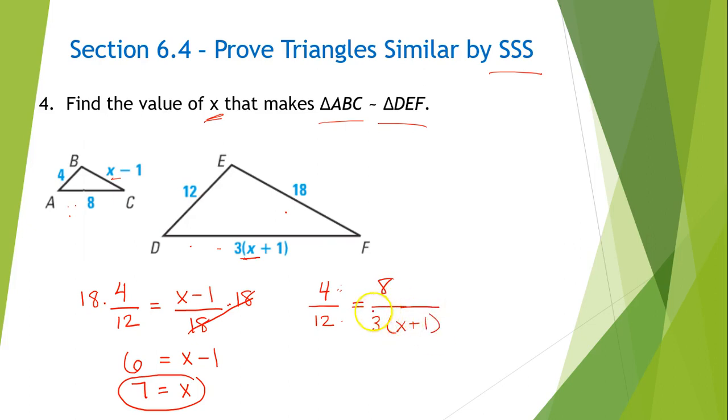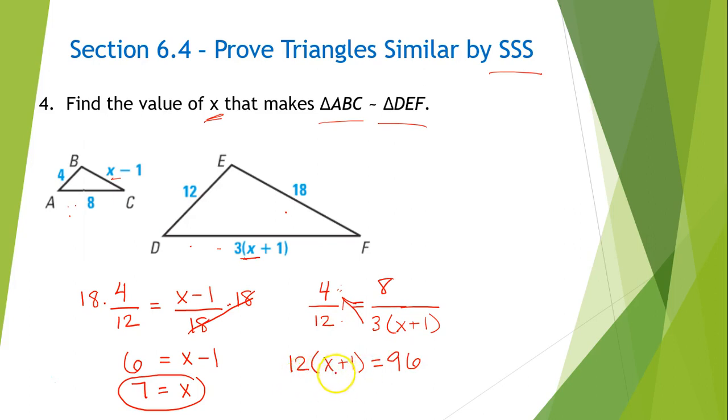Okay, so here, let's do cross multiplication. And when you say this times this, we get 12 times x plus 1 equals, let's see, 12 times 8, that is 96.